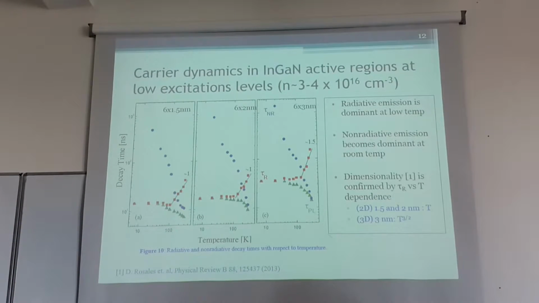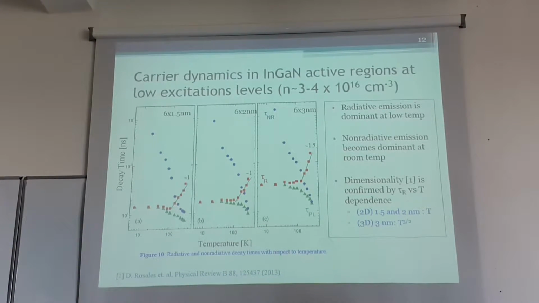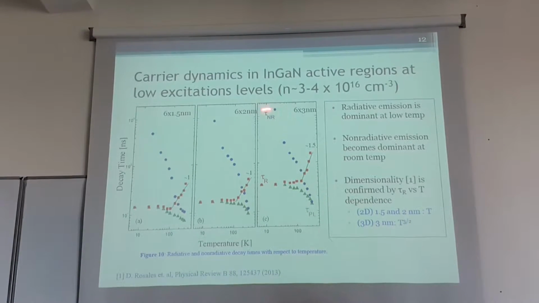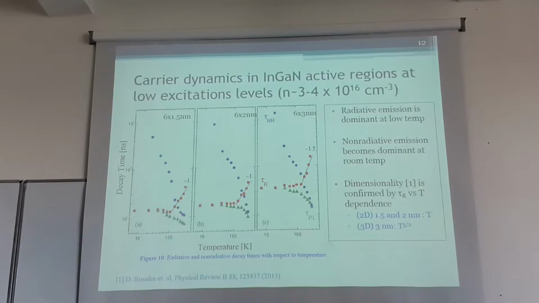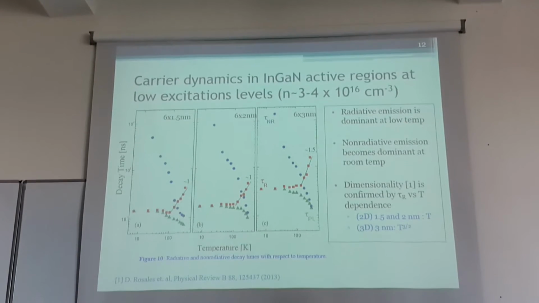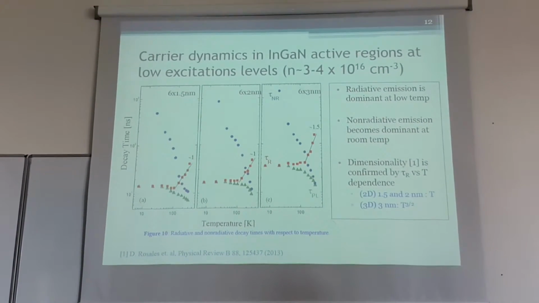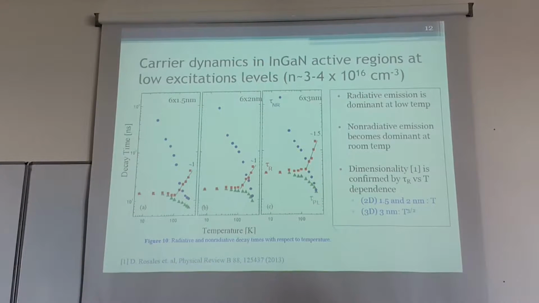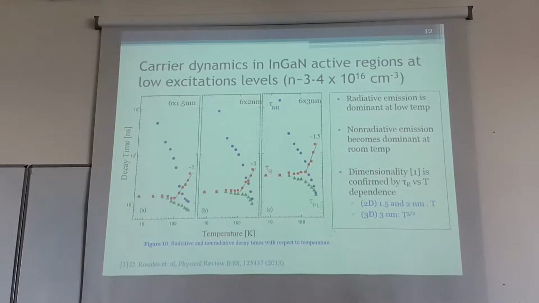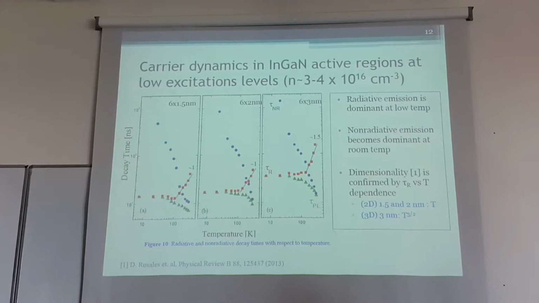So this is showing the comparison of radiative lifetime with non-radiative lifetime, and since we obtained photoluminescence lifetime, this experimental value, comparing temperature-dependent photoluminescence and PL lifetimes, we obtained radiative lifetimes and non-radiative lifetimes, and we saw that at low temperature, radiative lifetime is dominant for photoluminescence. At room temperature, we saw that non-radiative lifetime is effective for photoluminescence.